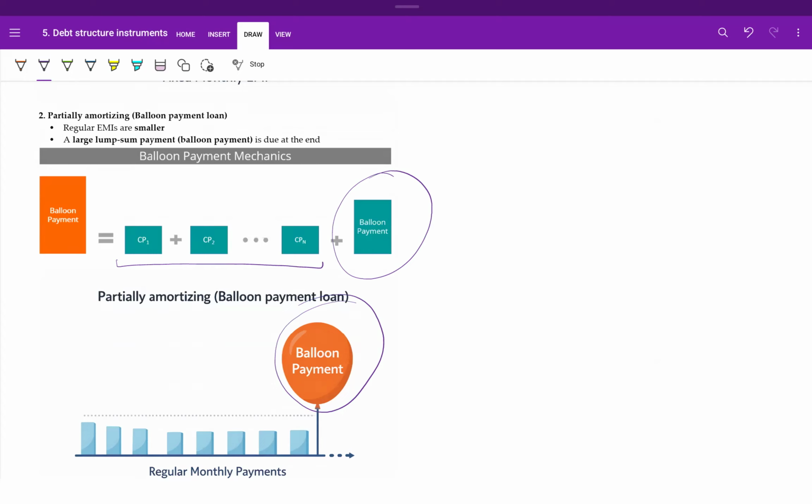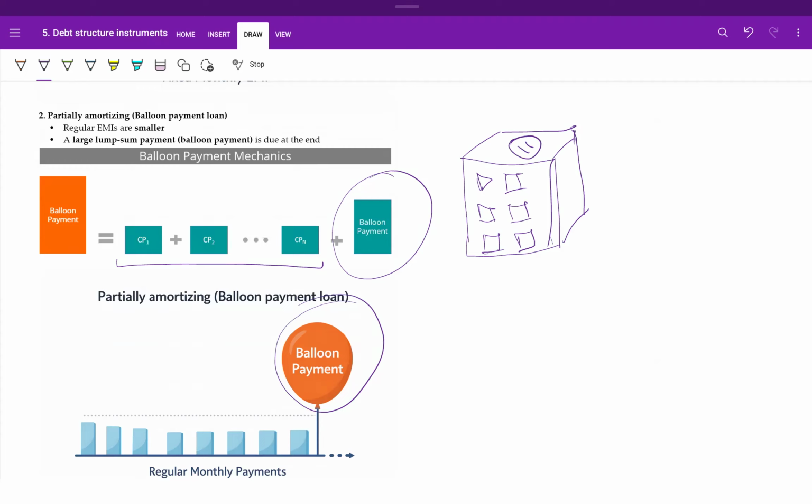It's used in commercial real estate. If you are purchasing commercial real estate, let's assume this is a building of yours, it will take you some time, and you do not want to invest a lot of your hard-earned money.